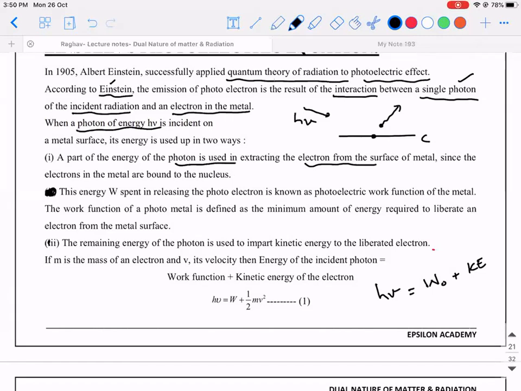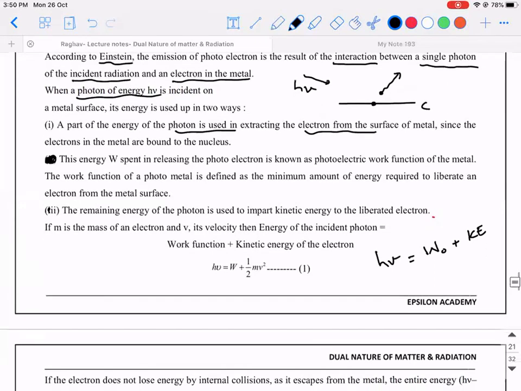That is the work function W. The second is that the remaining energy of the photon is used to impart kinetic energy to the liberated electron. So h nu equals W plus half mv square. This is the equation proposed by Einstein.